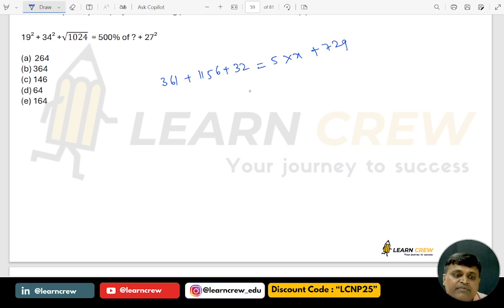Okay, now if I simplify here, what I am going to get, 361 plus 6, 7, 7 plus 2, 9, 9 minus 9 cancel. So if I simplify, I will get 5x is equal to 820. So x should be 820 by 5, which is 164. So 164 is the answer.